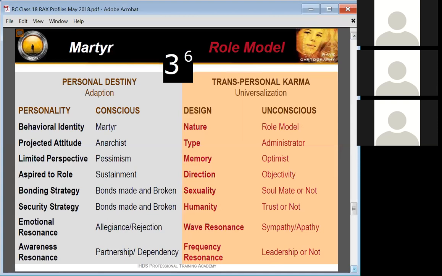We can still see that there could be something good in all of this. They maintain a direction that's not about just sustainment, but also about objectivity. Remember, the 6th line starts to detach. The 6th line starts to become more removed, more aloof.